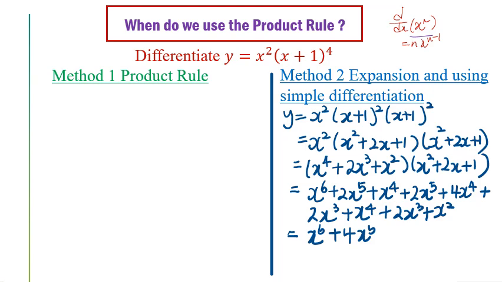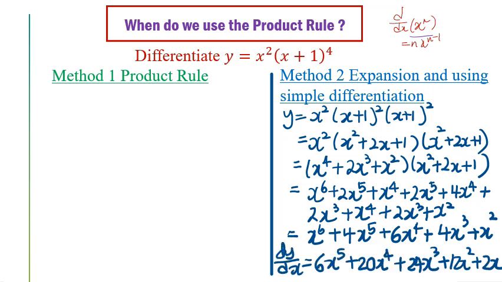And you keep doing until finally you have all the individual terms in the form x to the power n. And that's where you can do your dy dx. Right, so you find that this process is rather tedious. And what happens if this power gets very big and then you have a lot of expansions to do? So therefore, that gives us a reason why we learn the product rule.